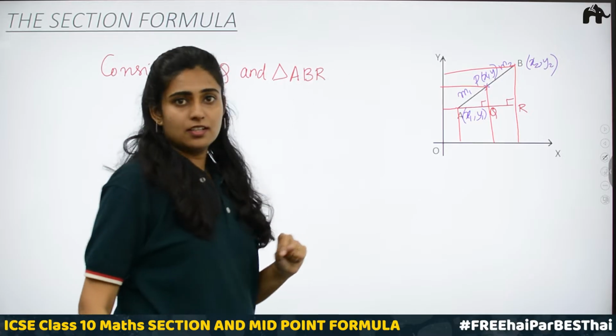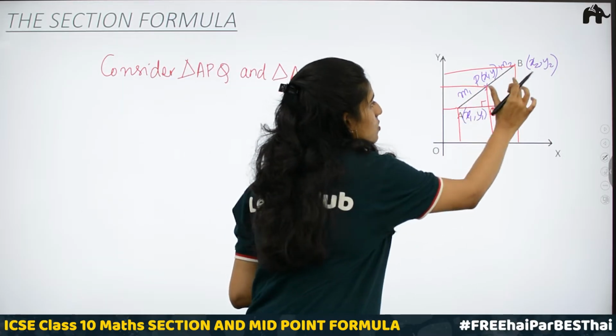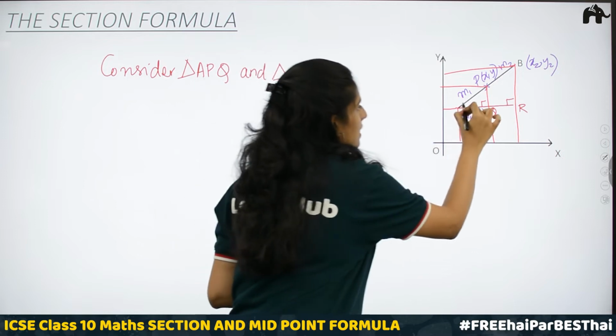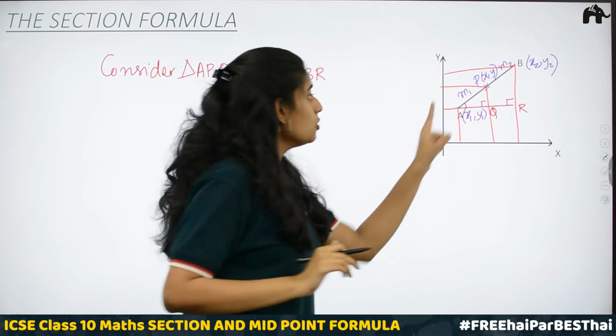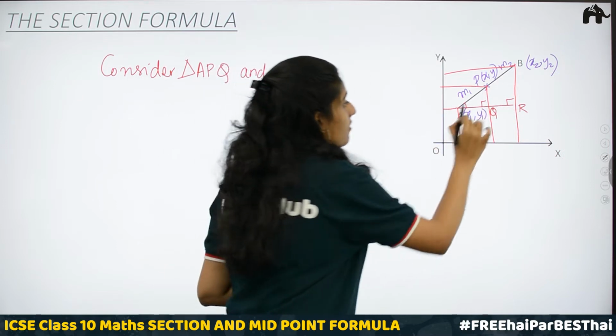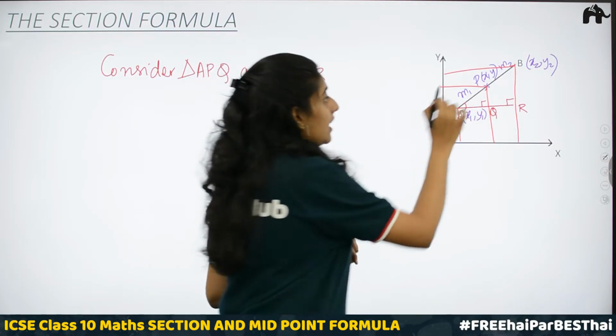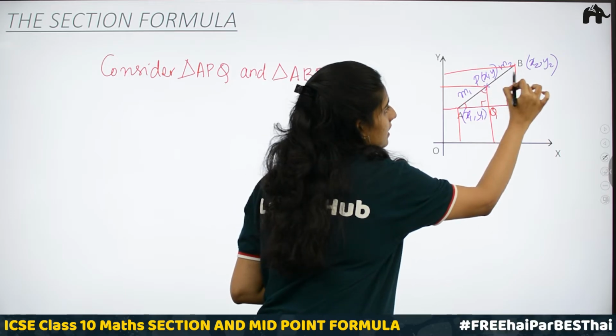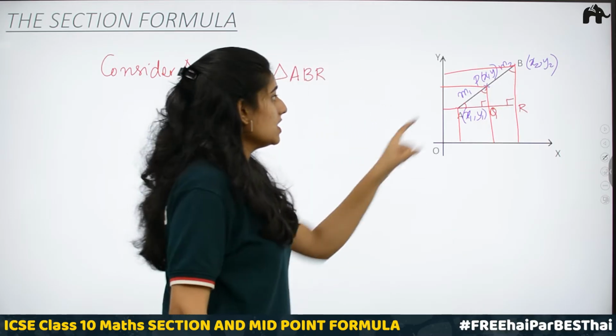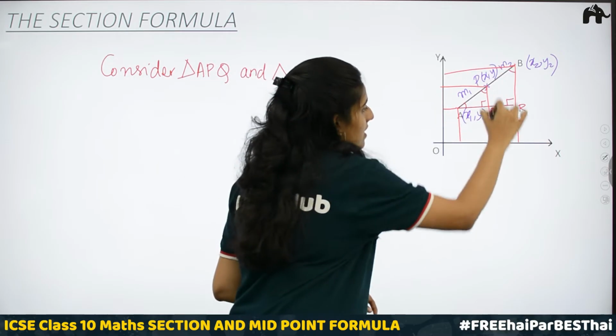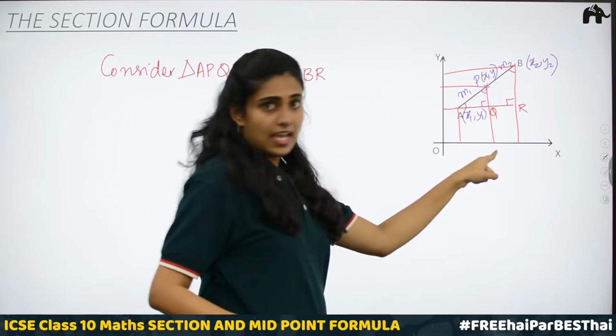What do you think? These two triangles have a common angle. This angle A is common to both the triangles. Then one angle is 90 degrees for both the triangles. What about these angles? When you check these two angles, here we have a straight line perpendicular to the x-axis.